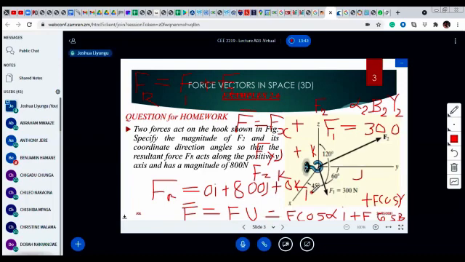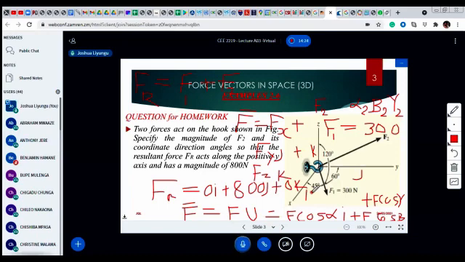Once you have that equation, you need to make sure that the ijk components of FR are equal to the ijk components of F1 plus F2. Then for the i component, 0 is equal to 300 cos 45 plus the unknown, which is F2x. Then you find F2x.